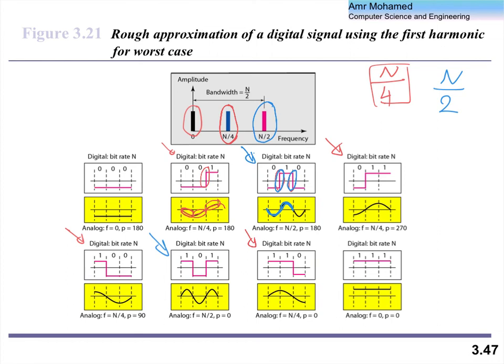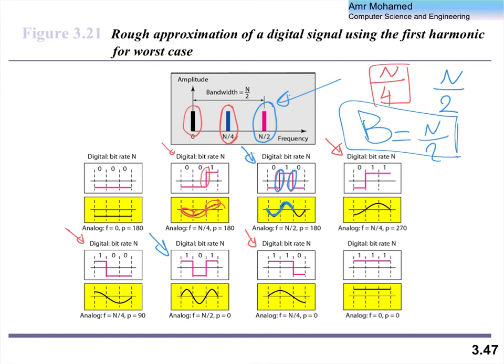So using all these 3-bit combinations, I can represent them using one single sine wave with either 0 frequency, n over 4 frequency, or n over 2 frequency. So what is the bandwidth of this signal? It is the maximum frequency minus the minimum frequency, so it's n over 2.